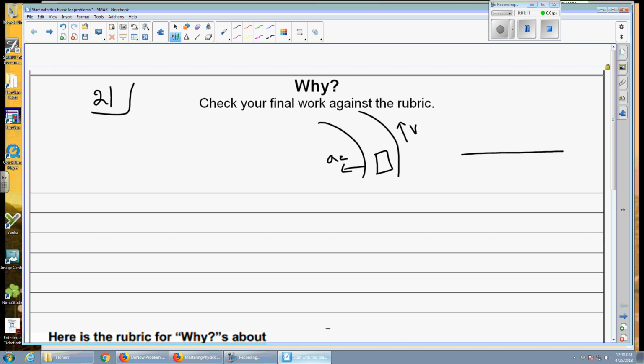My force diagram I'm going to do from kind of a side view here, because I know it has weight down, normal force up.